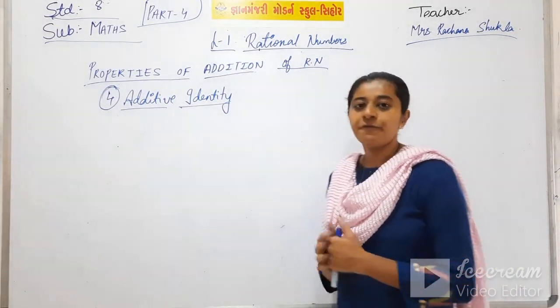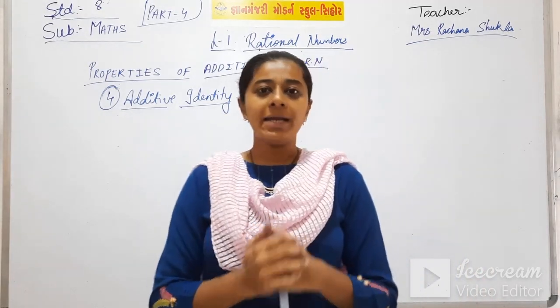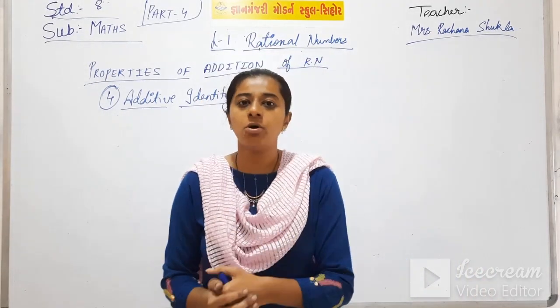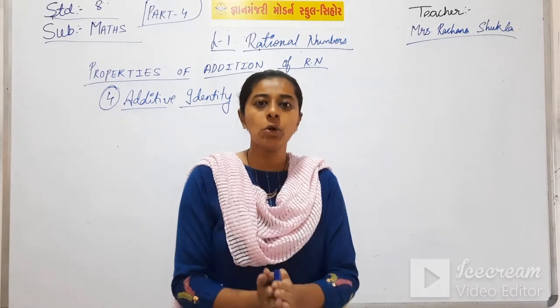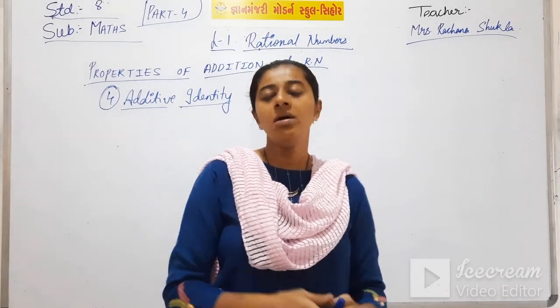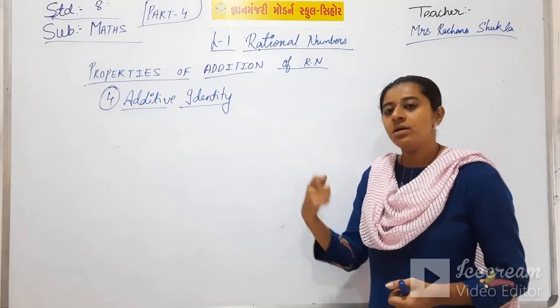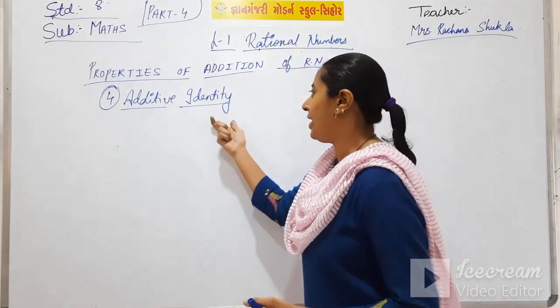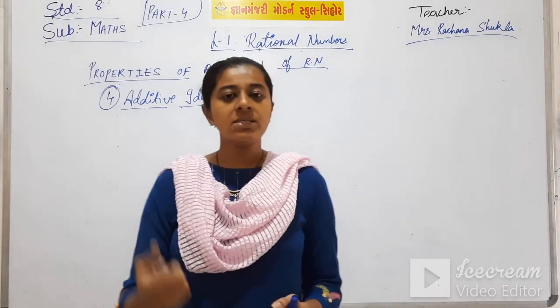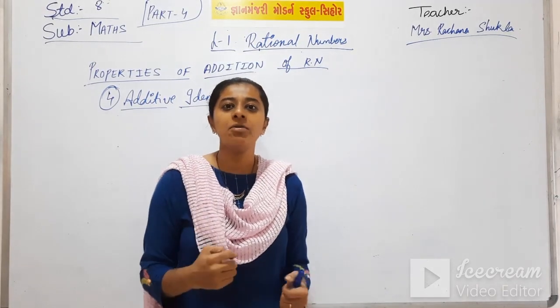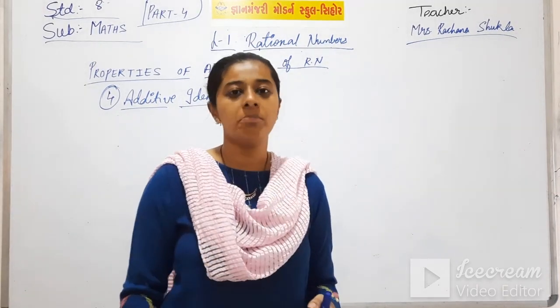If you add 0 to any rational number, you will get that rational number as your answer. That is known as additive identity, which means 0 is the additive identity for any number.